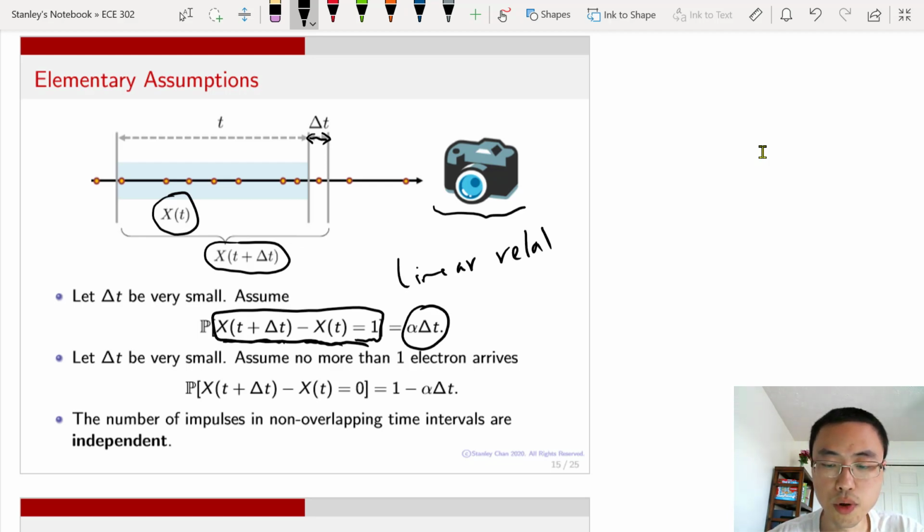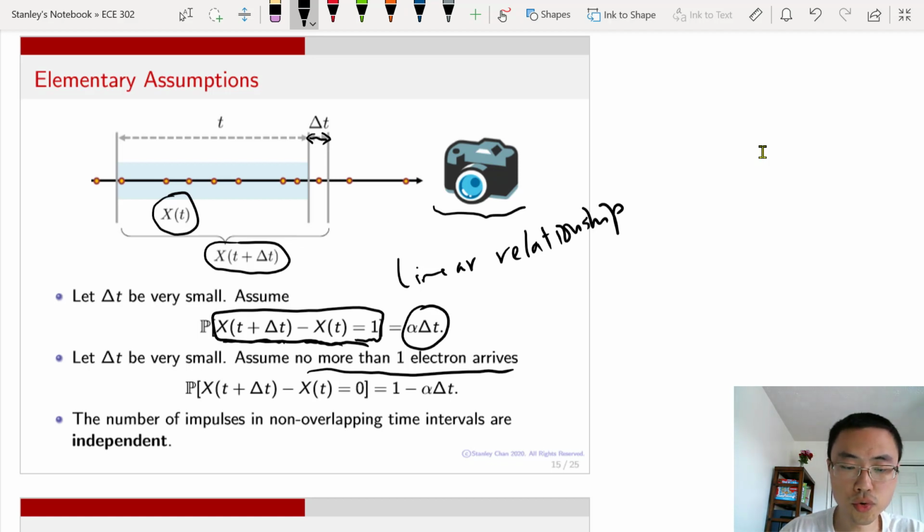Okay, so this is a linear relationship. This is a very, very important assumption. Okay, the second assumption is that if delta t is very small, then we assume that there's no more than one electron or no more than one photon that arrives. So during this delta t, you can either see one or see none, so that you cannot see more than one photon.